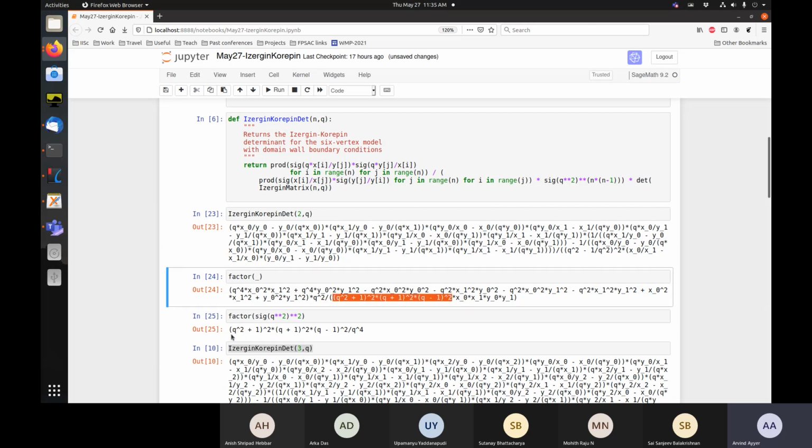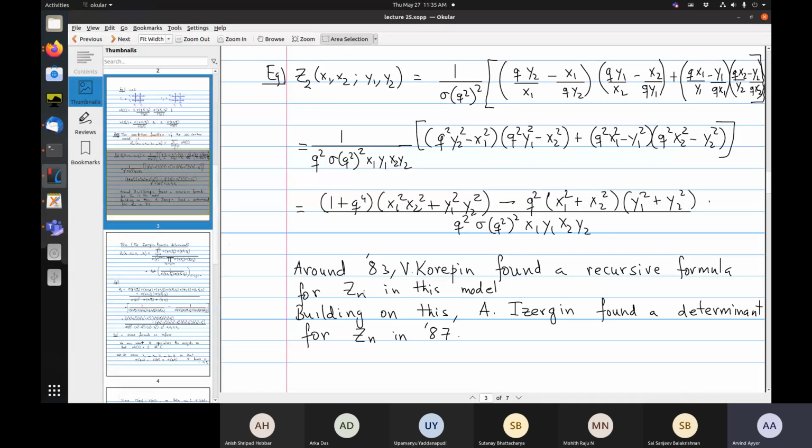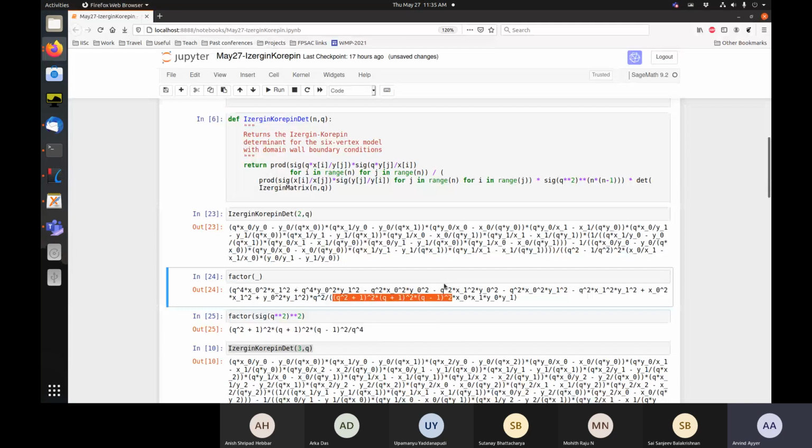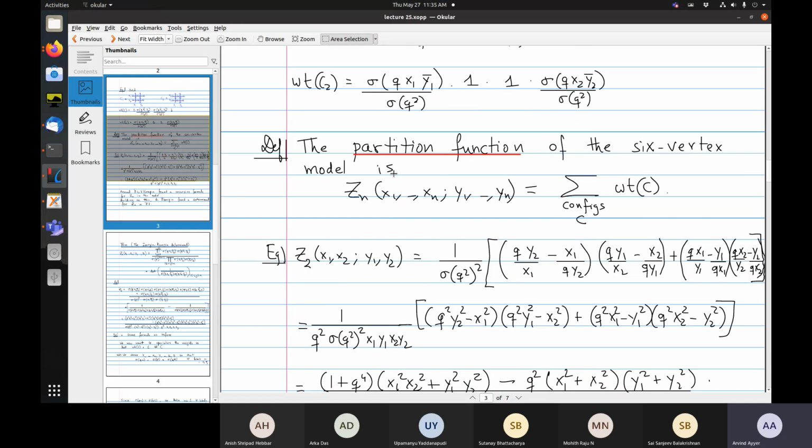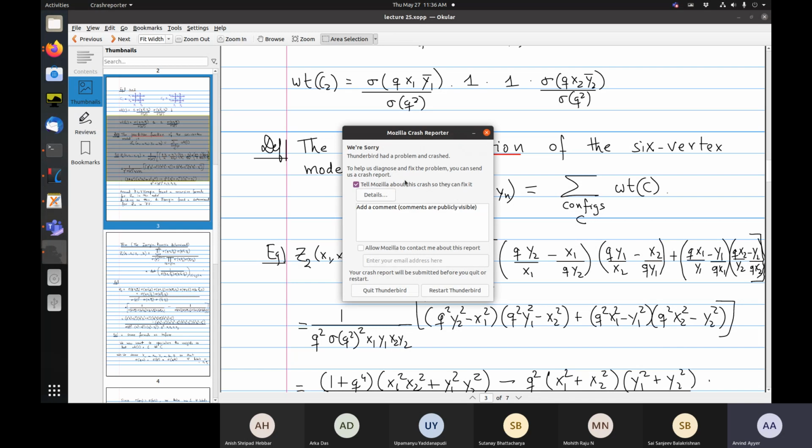These factors are exactly the same, and there's a q to the 4 in the denominator which would go to the numerator, but there's a q squared extra, so that makes it a q squared. So this matches exactly. Okay. All right. So this at least verifies this example in a simple case.